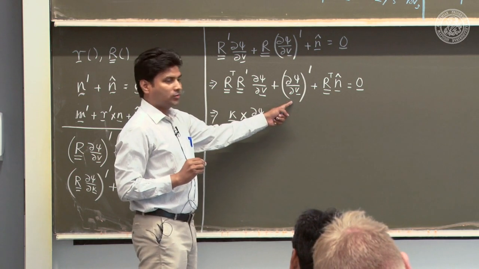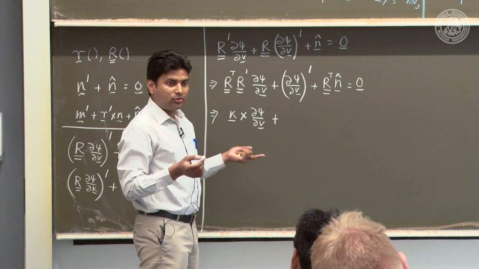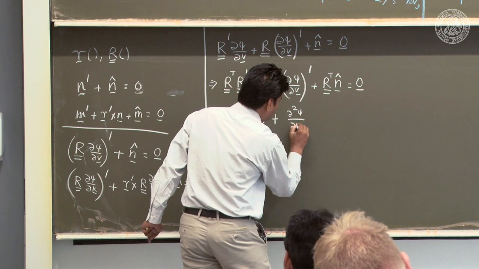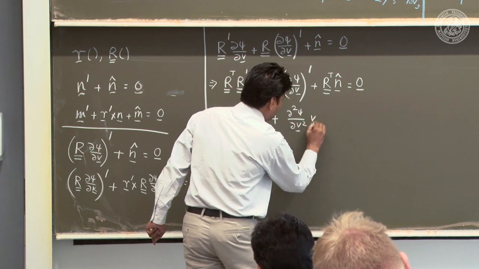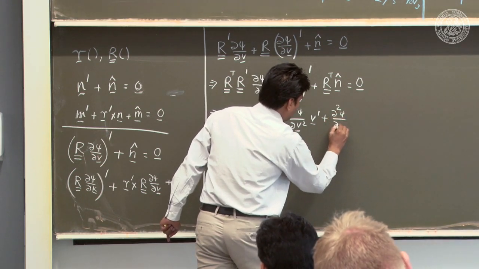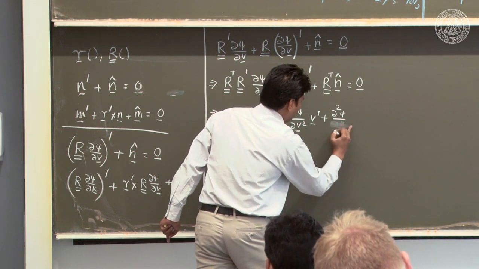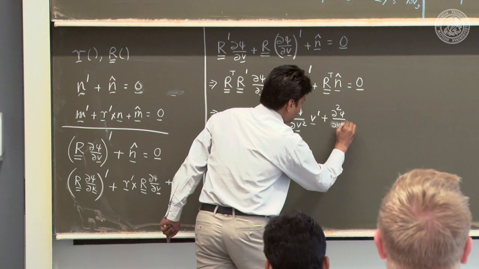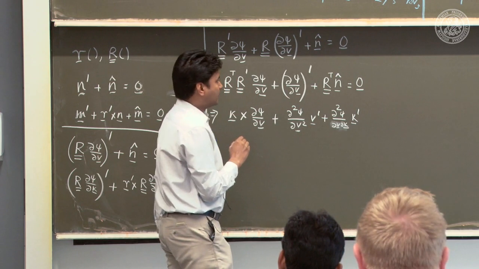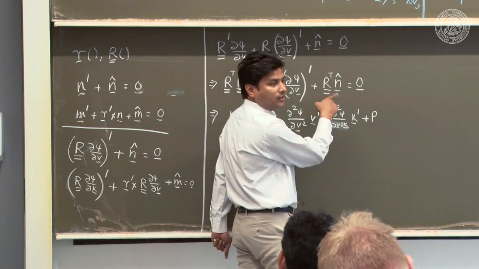Now, what is that equal to? We want to take another prime here. So now you can use chain rule. So this becomes del 2 psi over del V 2 into V prime plus del 2 psi over del V del k times k prime plus big R transpose n hat.